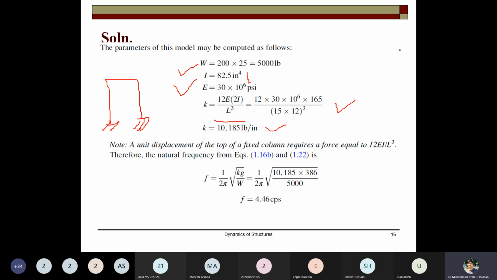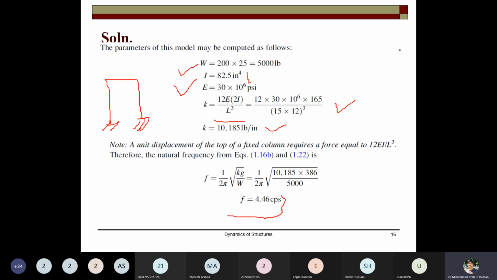Now you have the stiffness, you have the W value, you can compute the frequency of the system. The frequency can be determined as 1 over 2 pi into square root of kg over W, where K is the stiffness, g is 386 inch per square second, and as I told you, omega is root of K over M, so M is written as W over g, where W is in pounds and g is in inch per square second.